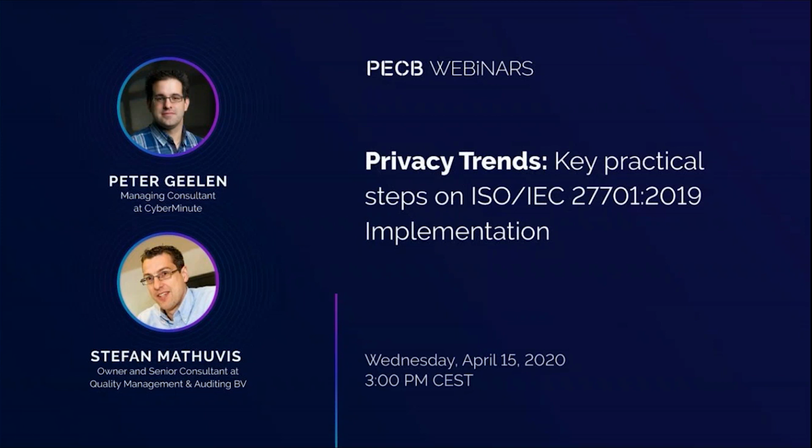Just to make a quick switch, we will also compare the ISMS, which is the 27001, versus the PIMS, or the Privacy Information Management System, which is the 27701. We will hint you to a few practical things because it's an add-on, an extension of the standard, and you need to take care of that to implement it correctly.